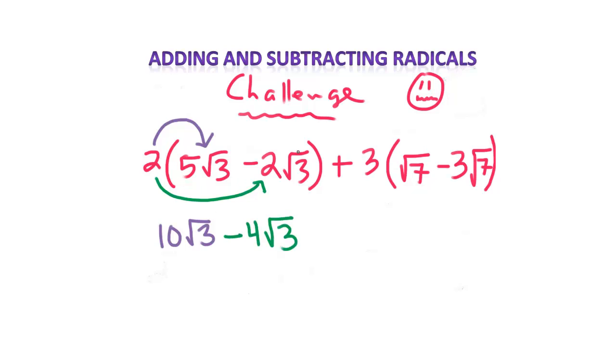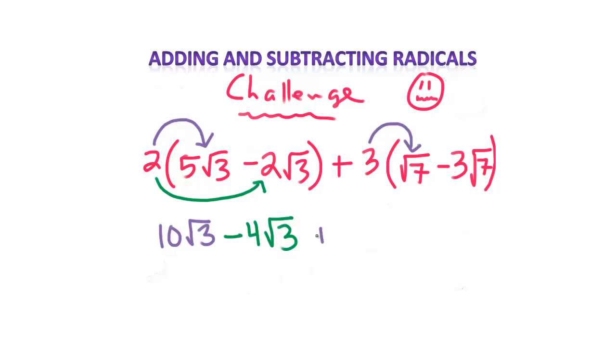I no longer have to write the parentheses because I distributed that 2 into each of the terms inside the parentheses. Right? So now we're going to do the same thing to the other side. So we have 3 multiplied with the positive 3 times radical 7.